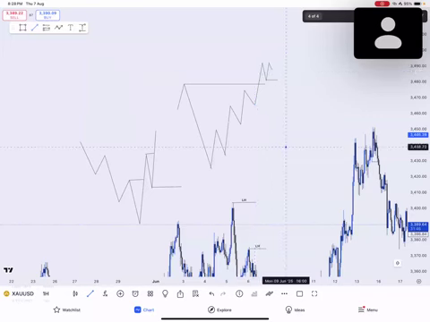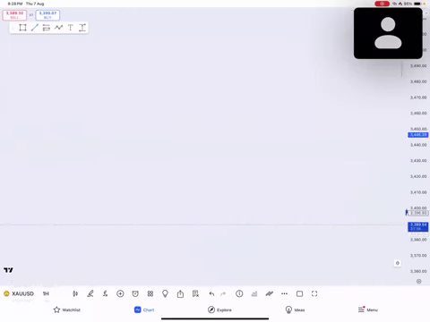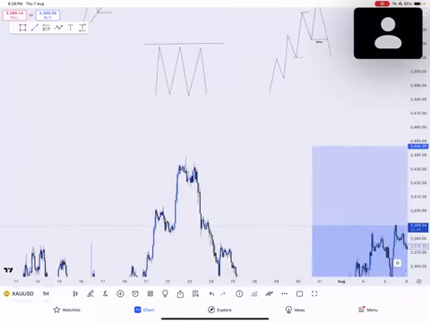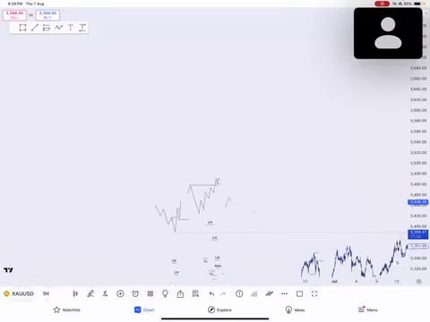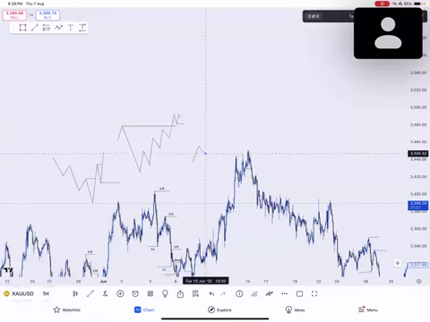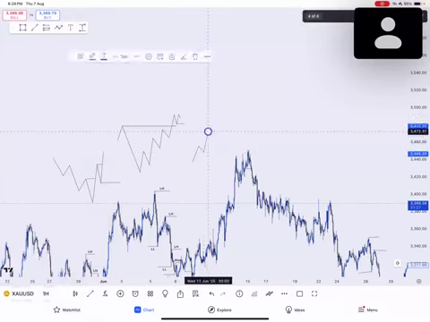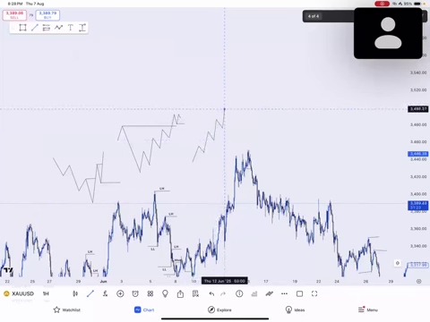If it's a structure to the downside, you can have higher highs, higher lows, higher highs, higher lows, higher highs, then price gives us a market structure shift to the downside.